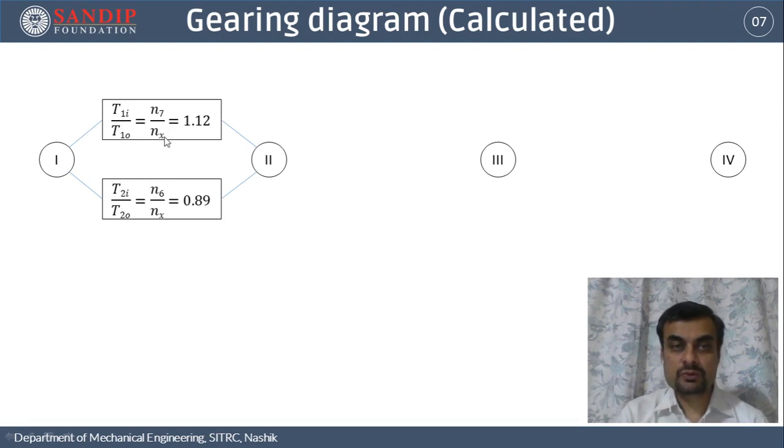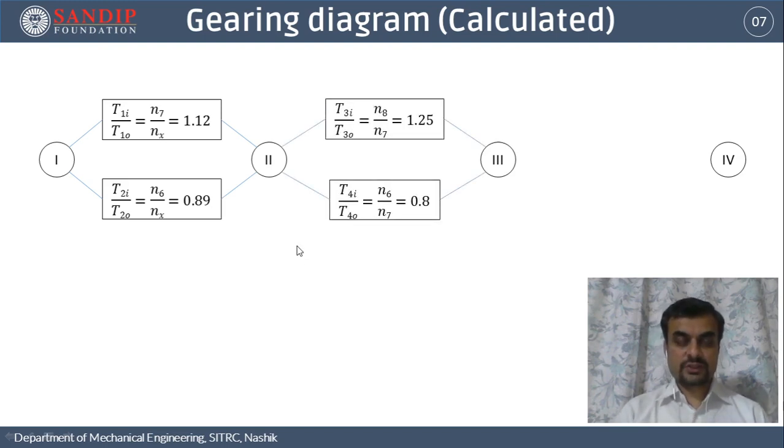It is very important to understand and should not be confused. So T1I upon T1O is equal to N7 by Nx, which gives me a value of 1.12. Similarly, for the second gear pair, T2I upon T2O, I have the speed ratio as N6 upon Nx, which is equal to 0.89. In the same fashion, I have to calculate the gear ratio of the third and fourth pairs by considering speeds in the second stage.